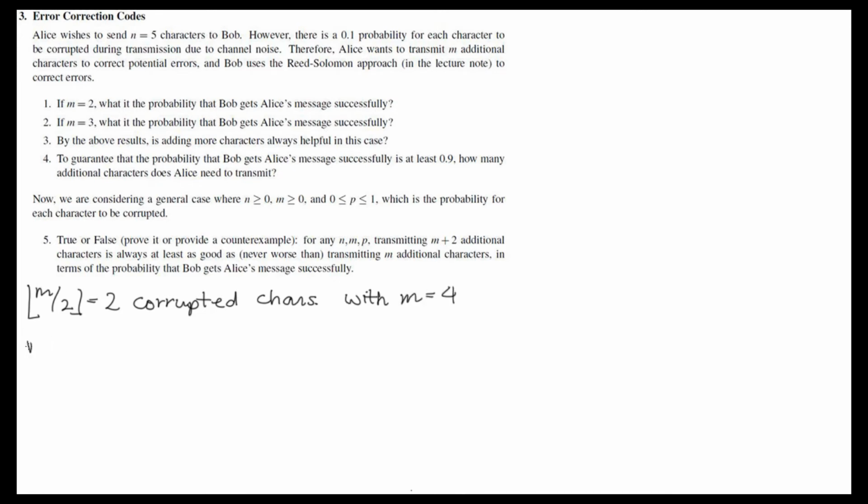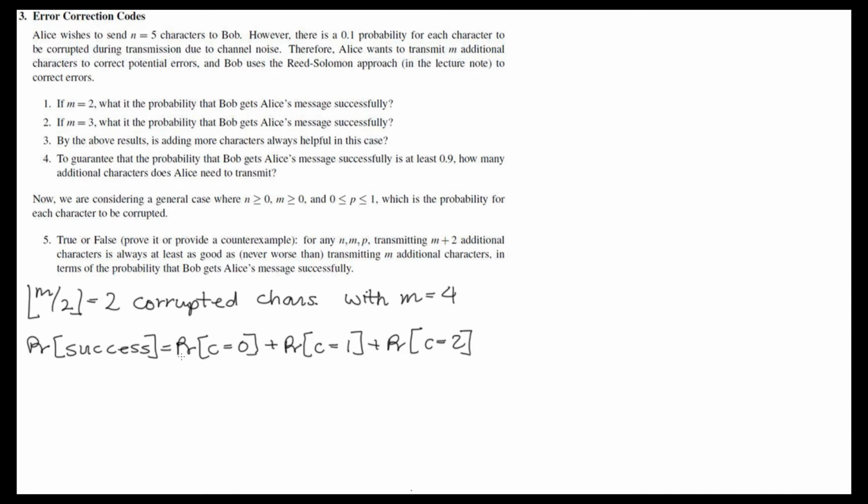So now the probability of success is the probability that C is 0 plus the probability that C is 1 plus the probability that C is 2. And recall from the first part that C is the number of corrupted characters.